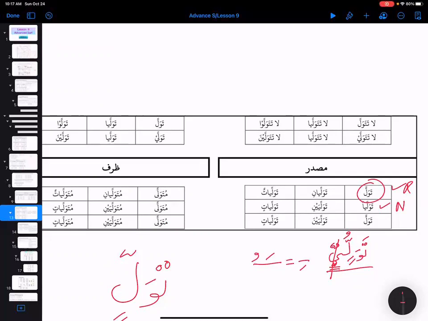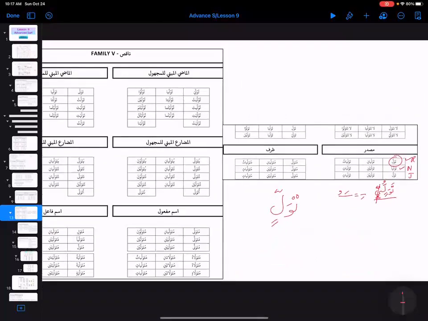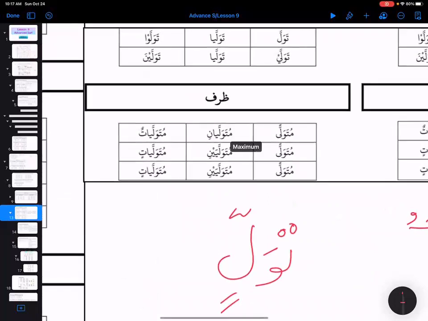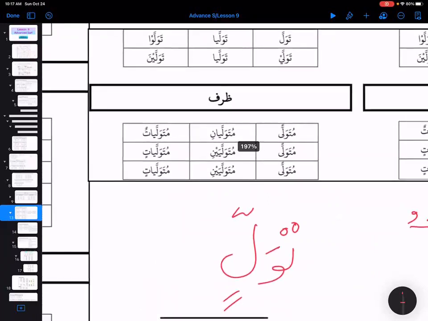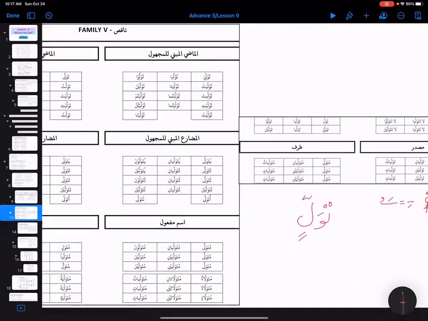And the jar version is again tawallin. Then the zarf is on the pattern of mutawallan, and ism maf'ul and zarf are both mutawallan.